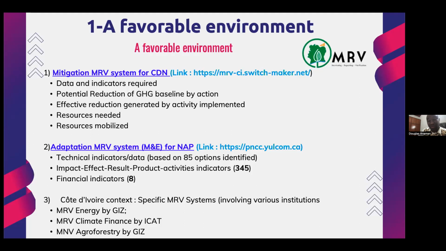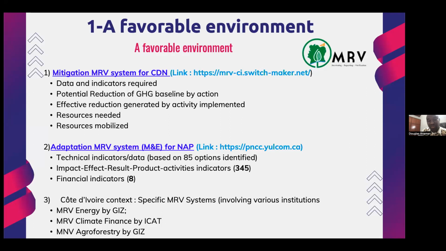We have also implemented an adaptation MRV system for the NAP. Now we have a National Adaptation Plan, which is going to be ratified soon. The adaptation MRV system is granted with the technical indicators data based on 85 options identified.